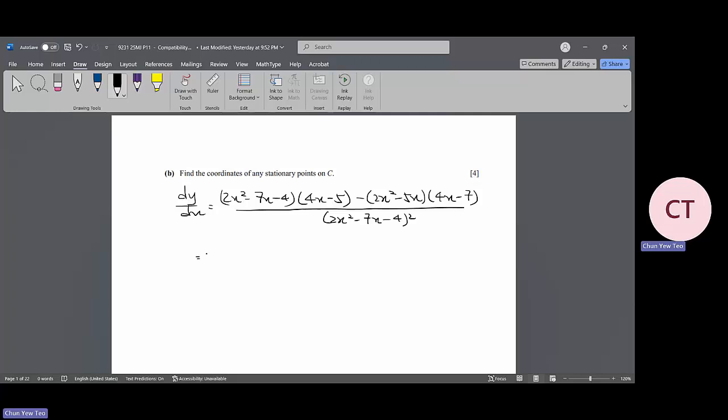I will get 8x squared. I straight away combine together 8x cubed. Then for the x squared, it will be negative 10 minus 28, negative 38x squared. And then plus the minus 35 minus 16. 35 minus 16, you get 19x.